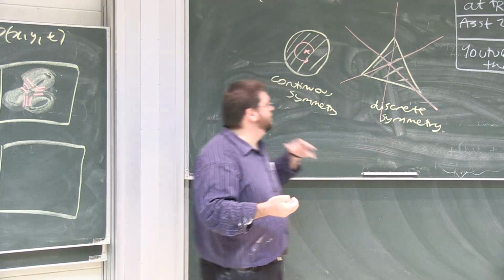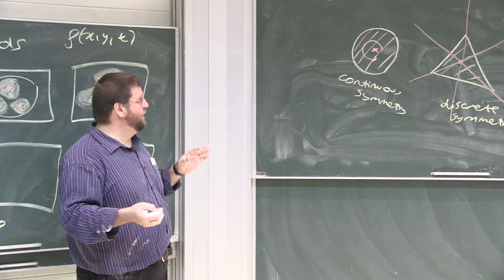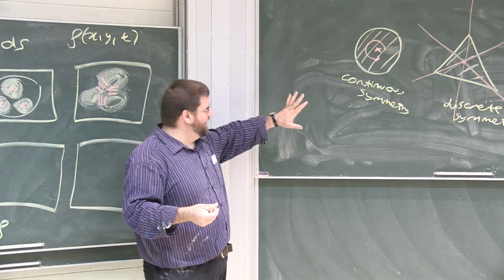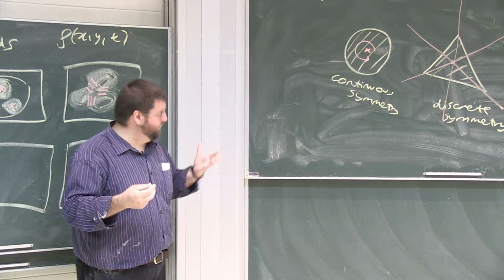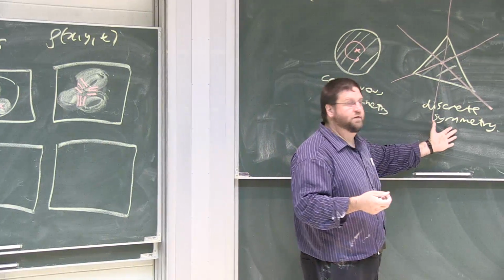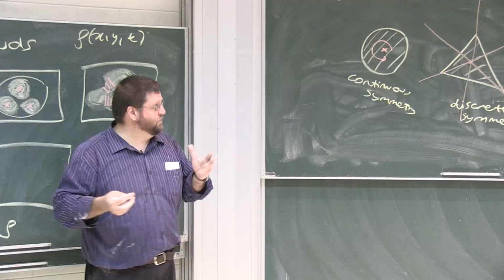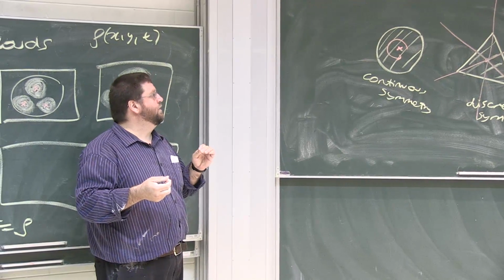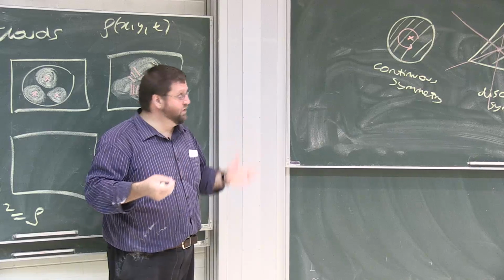This object was unchanged under a certain operation, which happened to be a reflection. So if under a certain operation, in this case rotation or reflection, a given geometric object is unchanged, then we would speak of that as a symmetry of the shape.